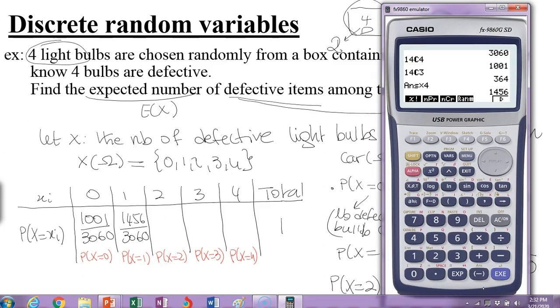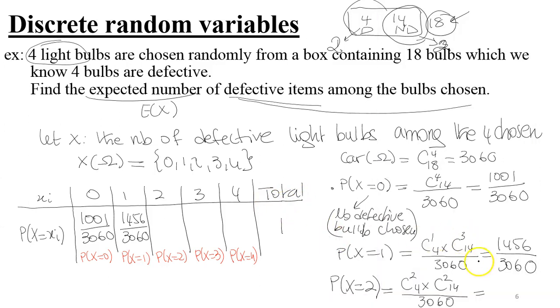So that would in fact be C2 out of 4 times C2 out of 14, which is 546. So that would be 546 over 3060.